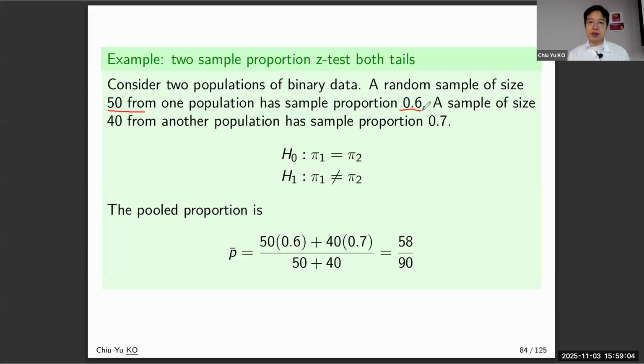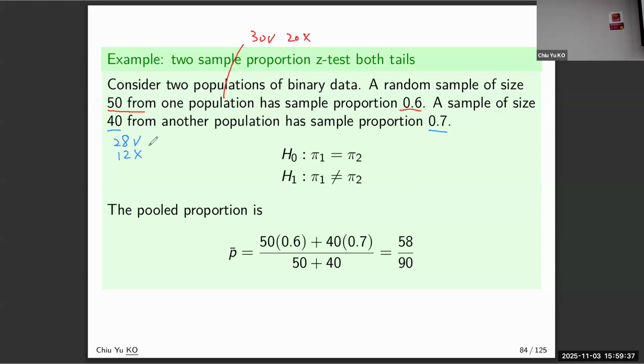So it means that actually 30 people say yes and 20 people say no, right? And the other population with 40 people and 0.7 say yes, so it's 28 people say yes, 12 people say no, right? So that would be the data you got.